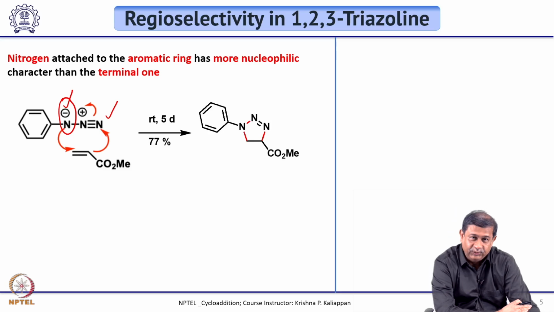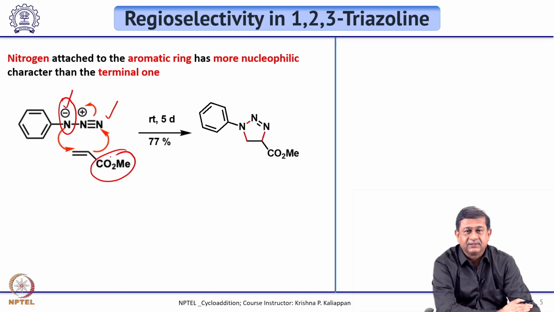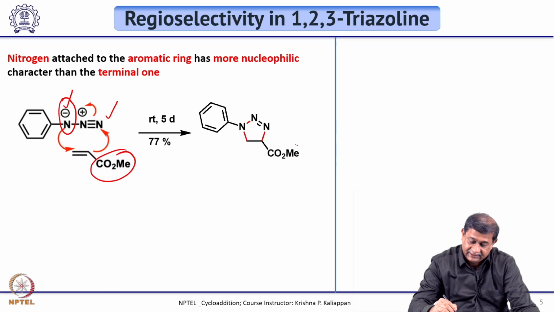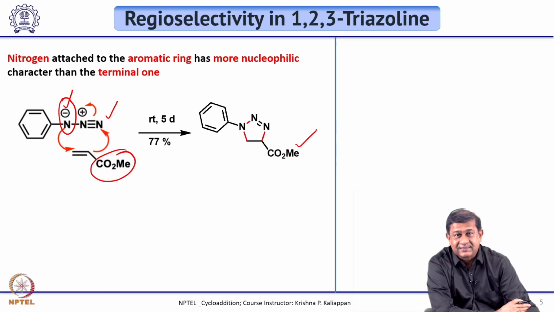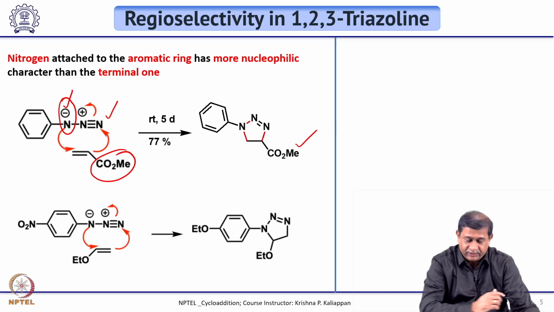Moreover, it is not only that nitrogen, but also the substituent present in the dipolarophile that will determine it. Here in this case, the dipolarophile has an electron withdrawing group. So that's why you get the 1,4 adduct, whereas when you have an electron donating group like the earlier two cases, you will get the corresponding 1,5.